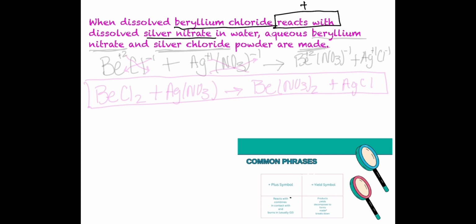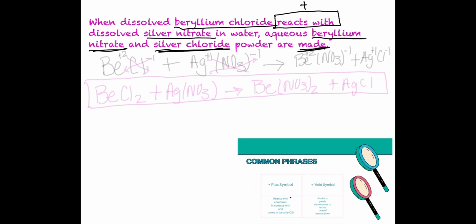So I know that after my reactants comes my products, and in order to separate my reactants from my products, I have a yield sign. So I know that whatever elements come after this, that is going to be my products. So I have aqueous beryllium nitrate. So boom, that compound, that's my product. And then silver chloride powder are made. So I see made.